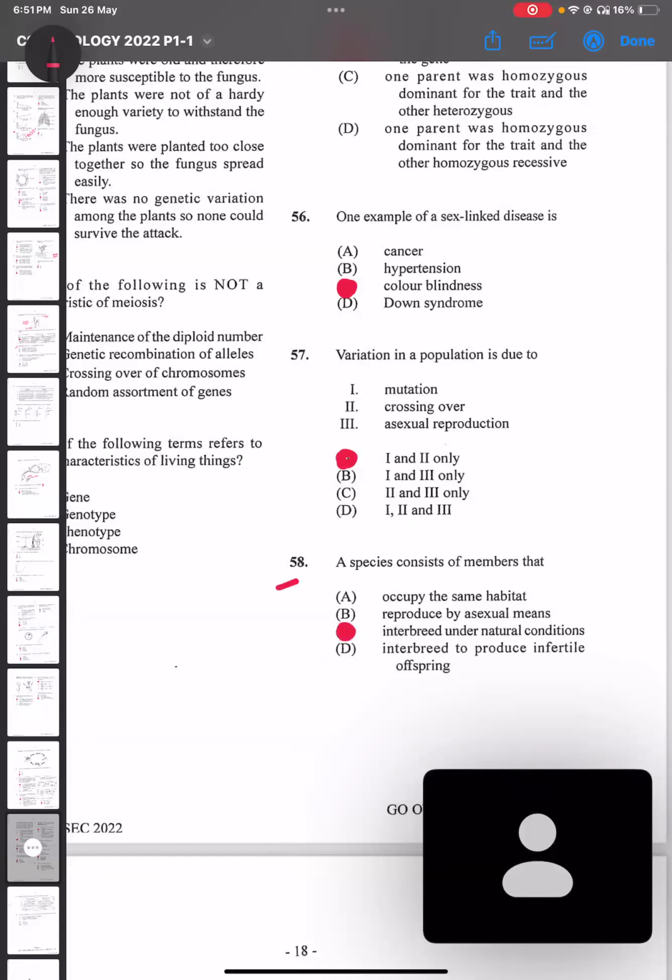All right, and you see in the past three papers that we have done, this has been question 58 in all three. It's only that in the 2023 paper, this said fertile. In 2022 and 2017, it said infertile. So still read carefully.